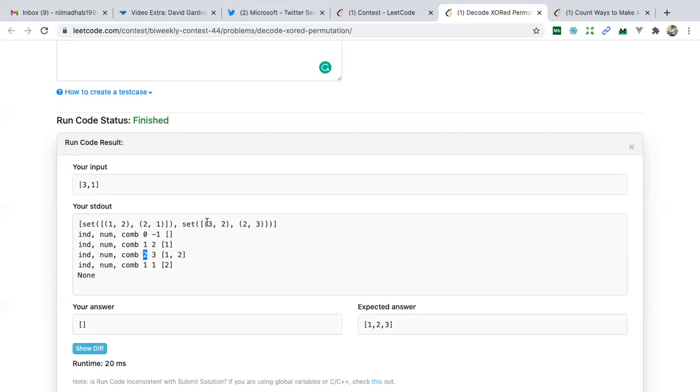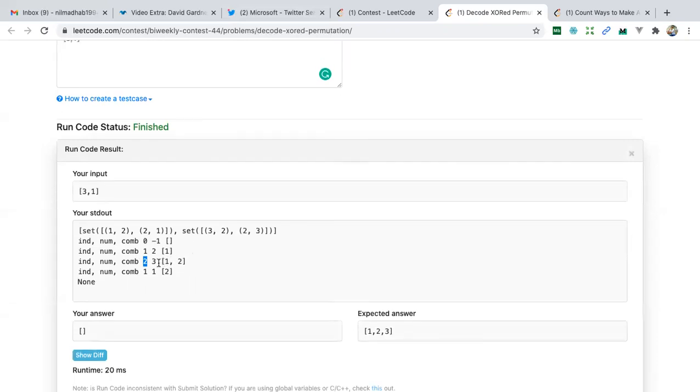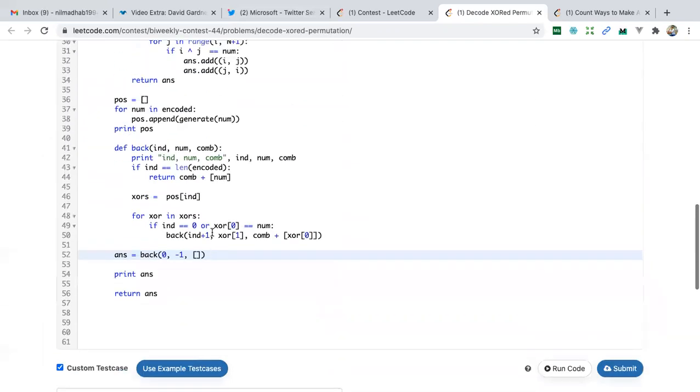So we should get 2, 3, and 1 and 2. Maybe we need to go one more.